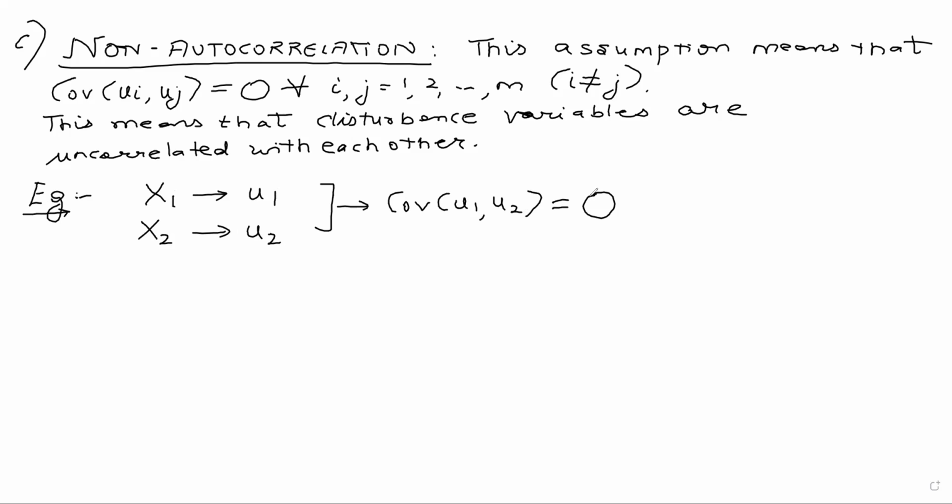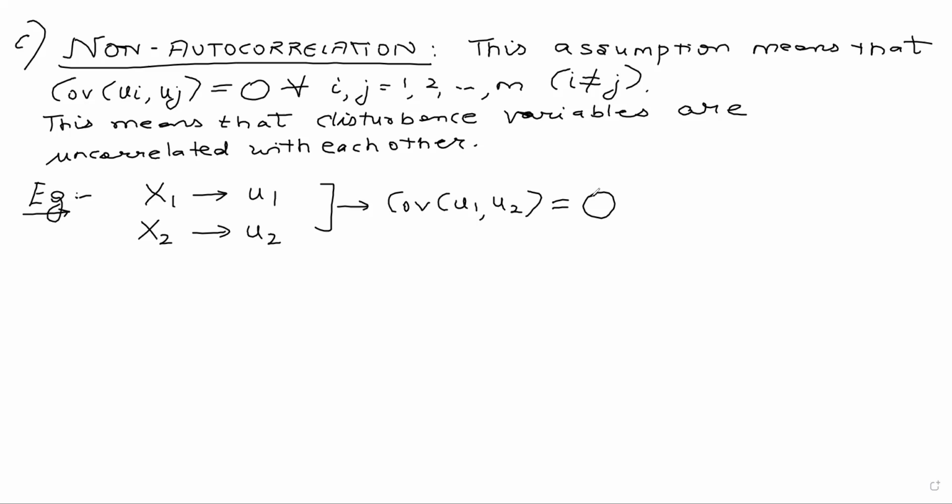So guys, the third assumption is telling us that one disturbance variable is not dependent on any other disturbance variable. If one disturbance term is increasing, it does not mean that the other disturbance term will increase. Two particular disturbance variables ui and uj for i not equal to j are uncorrelated with each other.